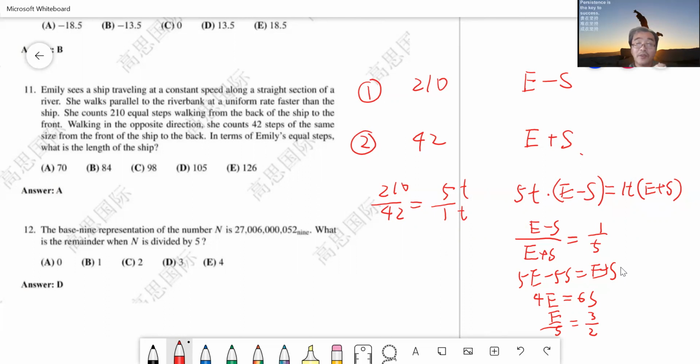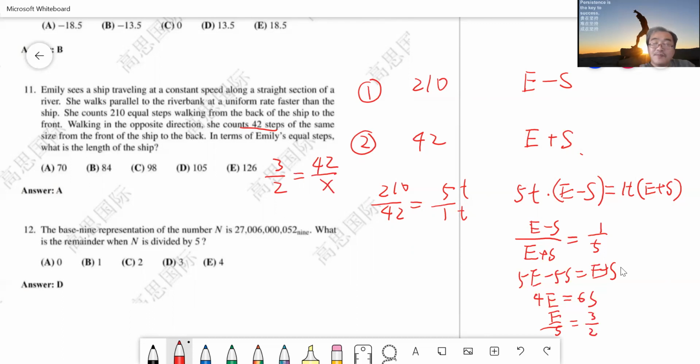With this ratio, we can go back and look here. We're going to focus on the second part. In this time, Emily does 42 steps. Then how much does the ship do? You can see that will be 3 to 2, which equals 42 over x, right?